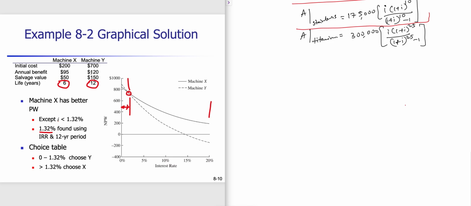Typically, if a car gives you around 20, 22 miles per gallon, and you're getting 66 miles per gallon in the machine that you fabricate, you can save three times. And for the salvage value and the life, you can make some approximations and assumptions, and then do this analysis, and then say for this interest rate, this option seems to be good. That's one way you can do something for your project.